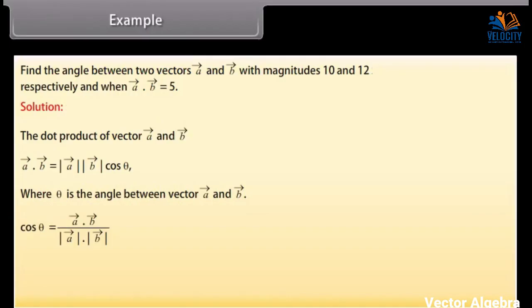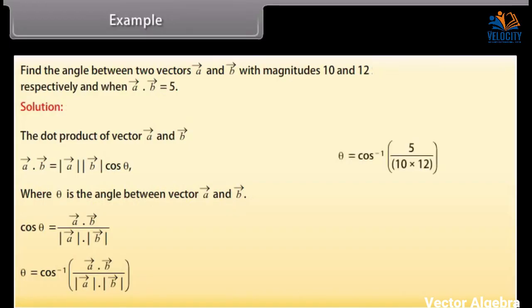Cos theta is equal to the dot product of vectors A and B divided by the magnitude of A times the magnitude of B. Theta equals cos inverse of the dot product divided by the product of magnitudes. Theta equals cos inverse of 5 by 10 into 12.